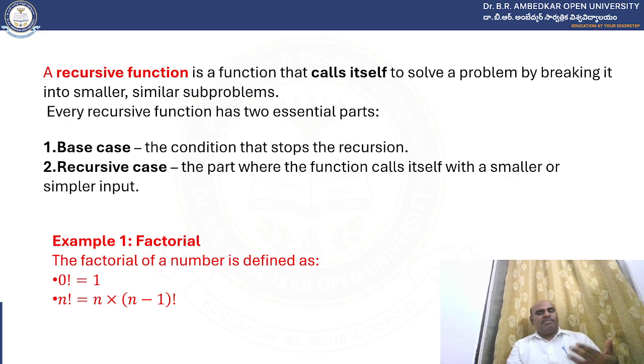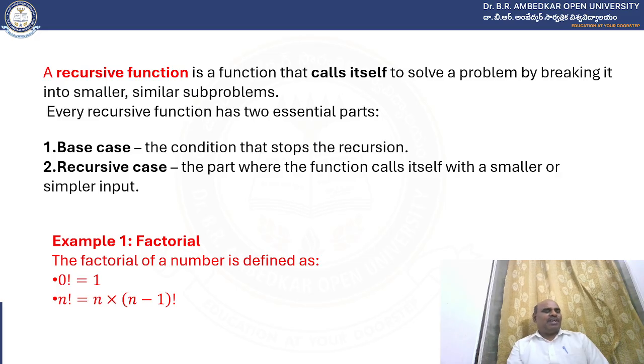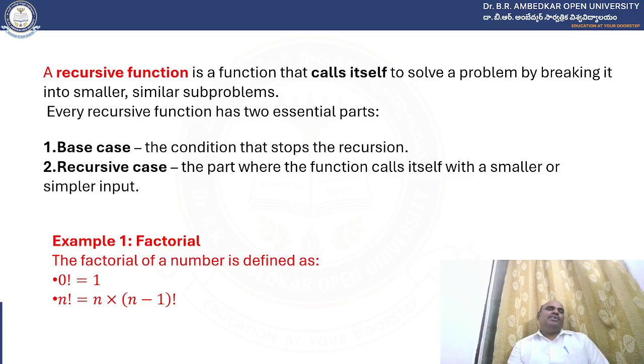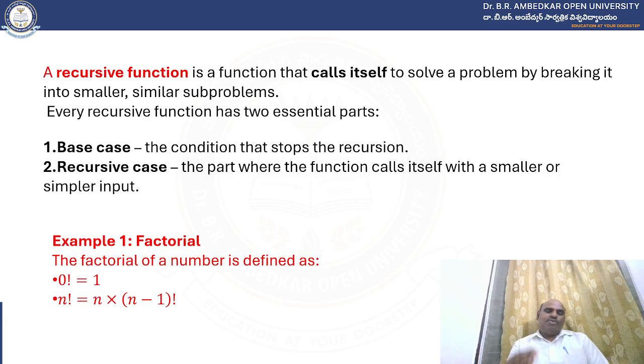Okay, so example 1, factorial. 0 factorial, we know very well, is 1. N factorial means n into (n minus 1) factorial. I told you, 5 factorial equals 5 into (5 minus 1), that is 4 factorial. 5 into 4 factorial means 5 into 4 into 3 factorial.